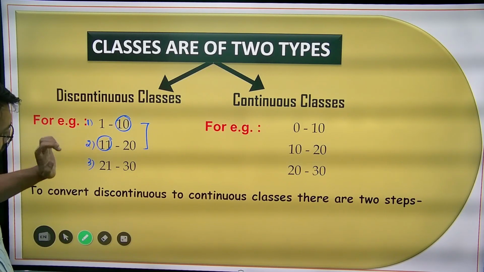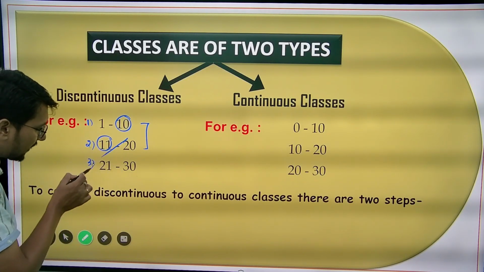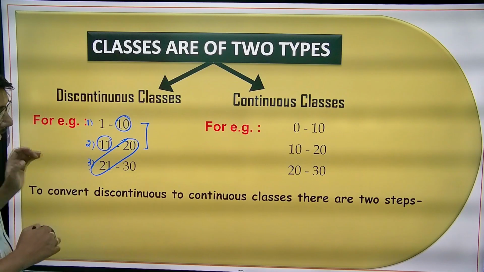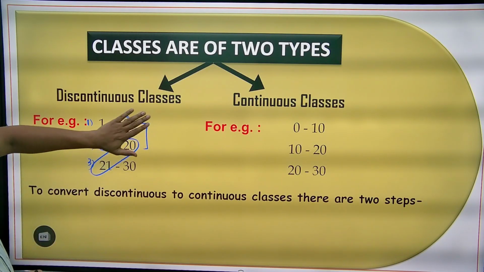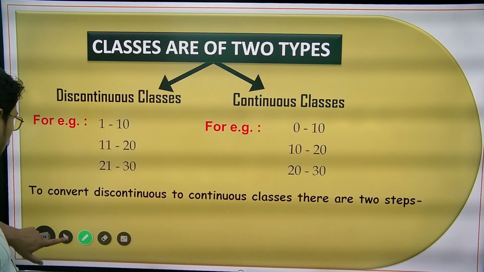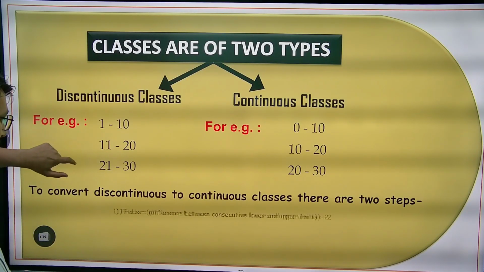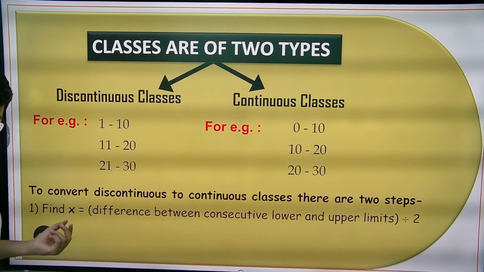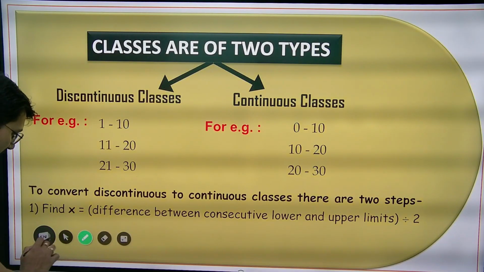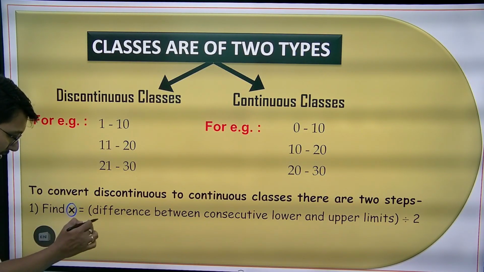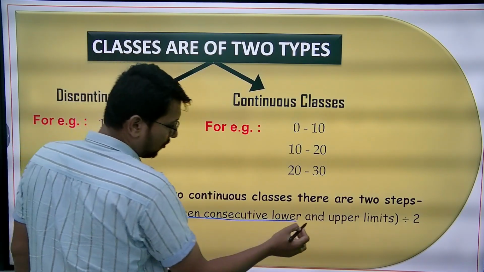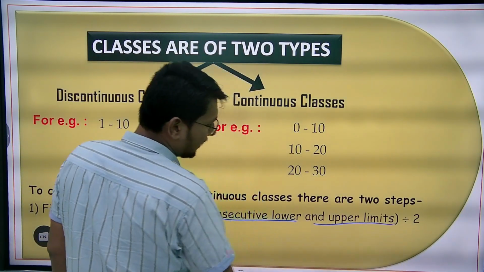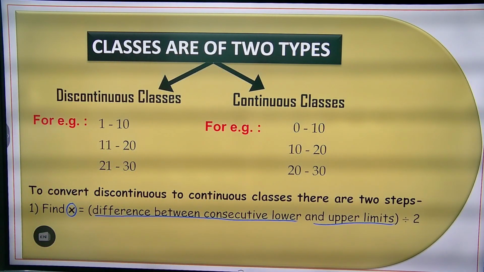Either 10 and 11 or 20 and 21. सो डिफरेंस क्या है बच्चों? 1. ठीक है. सो सी नाउ सेम थिंग. सो फर्स्ट स्टेप क्या है? फाइंड x. x क्या है? व्हाट इज x? फाइंड x. x क्या है? डिफरेंस बिटवीन टू कॉन्जिक्यूटिव लोअर एंड अपर लिमिट.